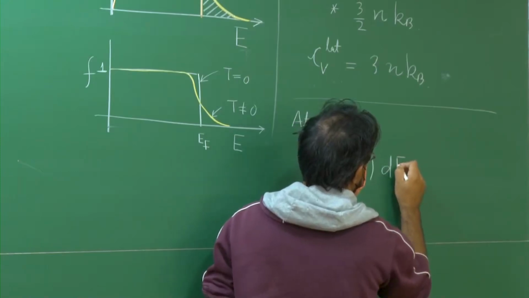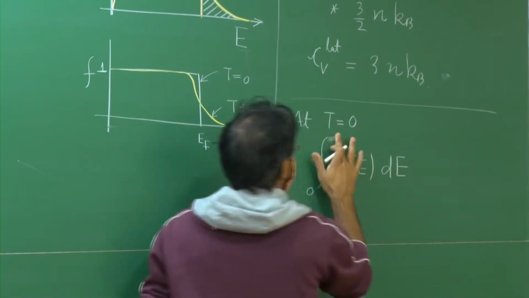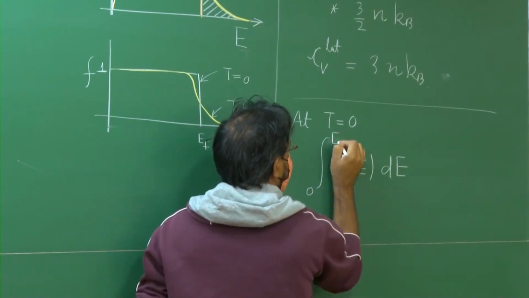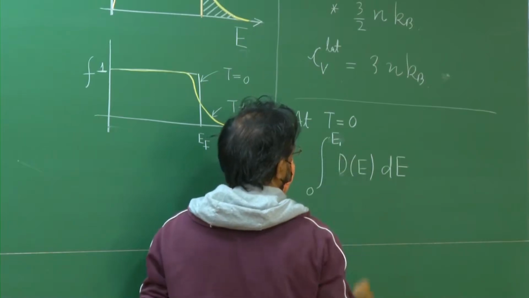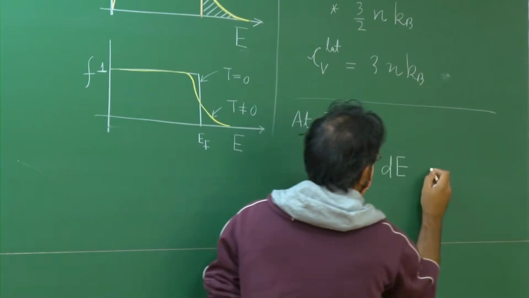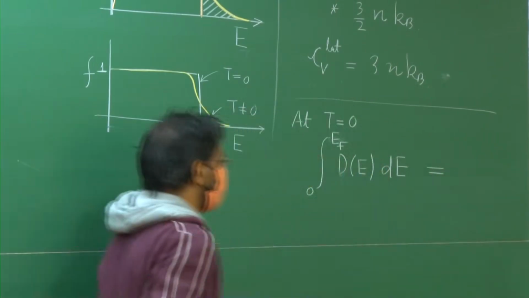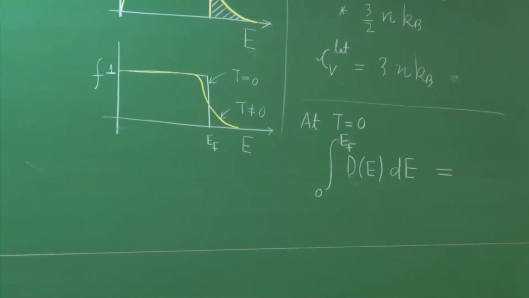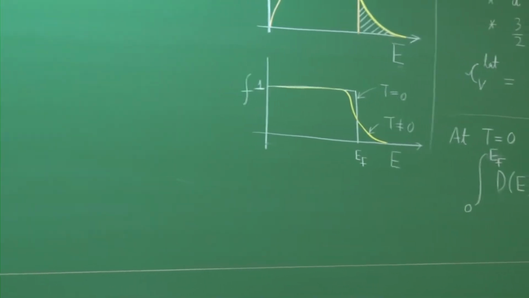Suppose I am integrating not from 0 to infinity, but from 0 to EF. Let me see who will answer this question. That will give me an idea of how much you have understood. What should this quantity be? Total number of? Total energy.